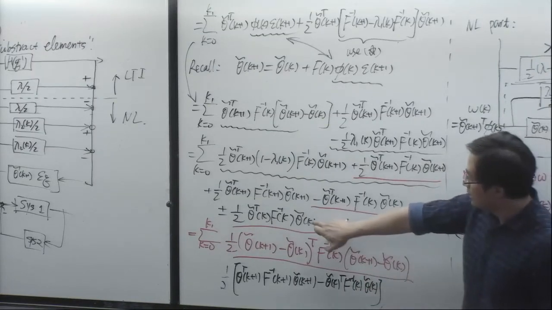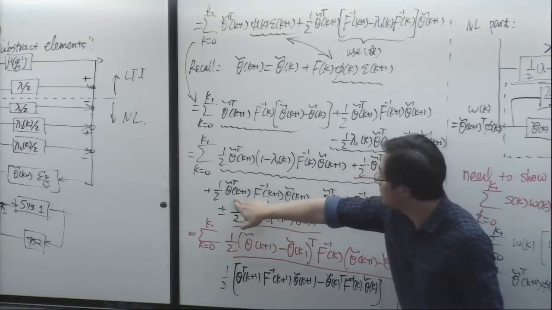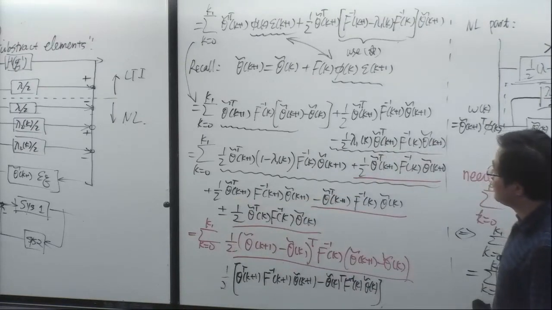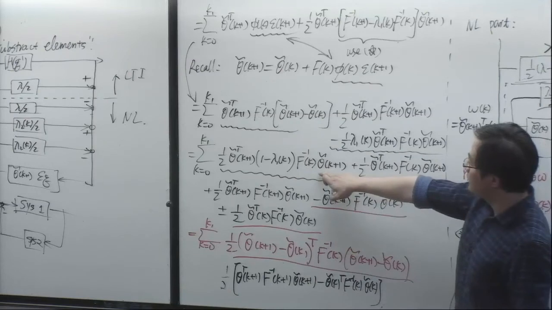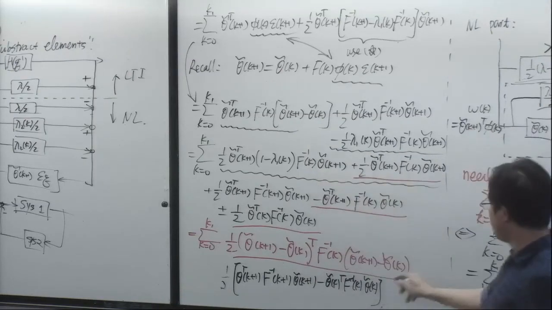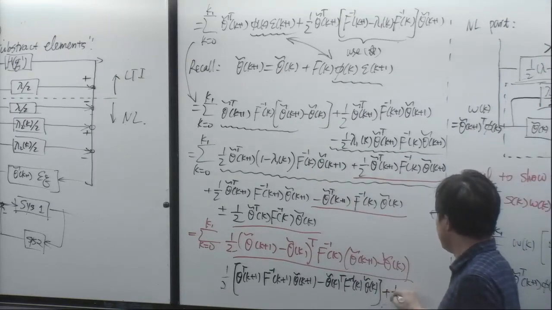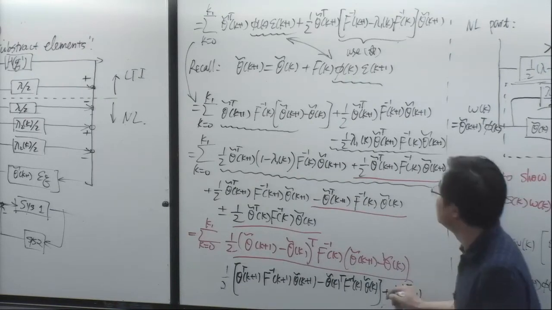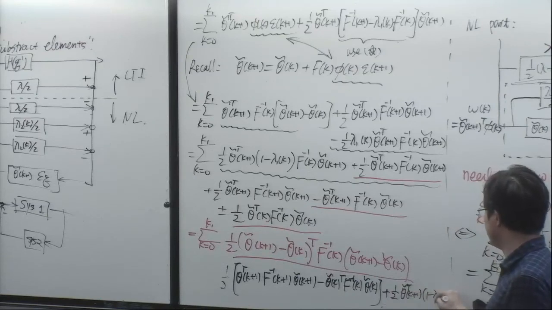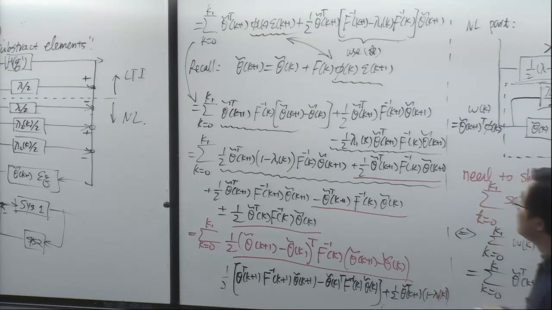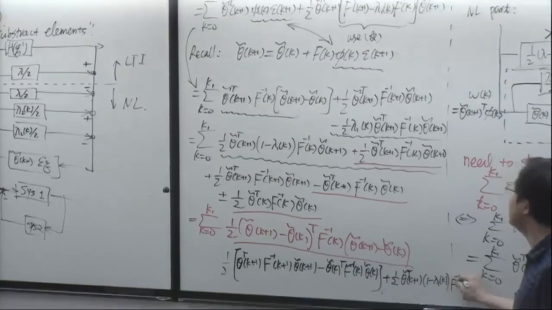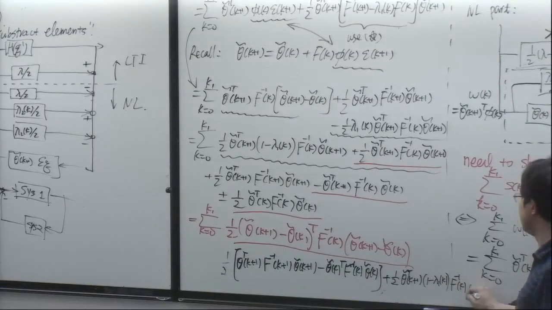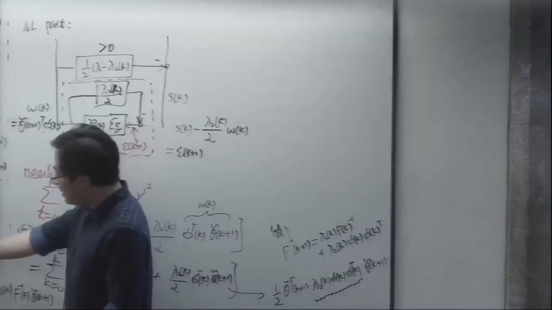That finishes the negative part, and then this part. What's left? The only thing left is this part. And this part is half of one minus lambda 1k F inverse theta tilde. And that's all.